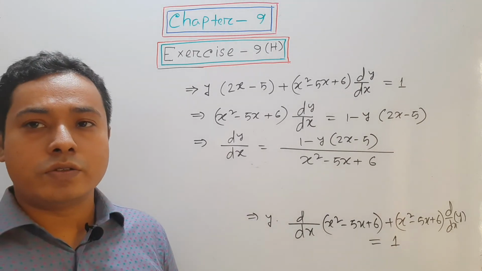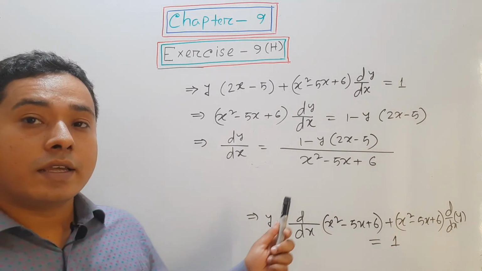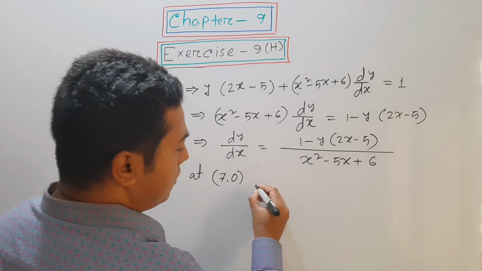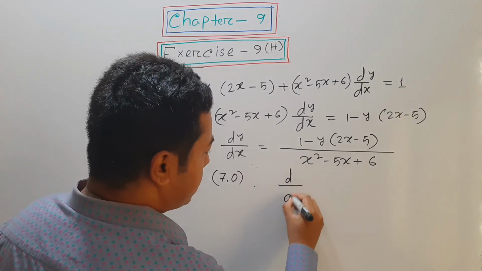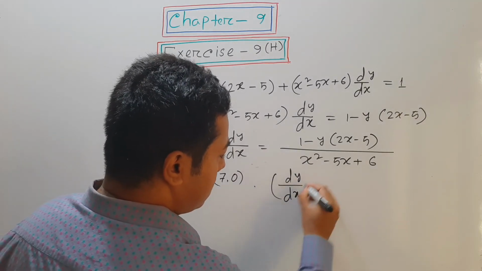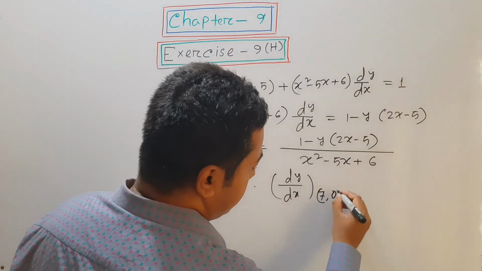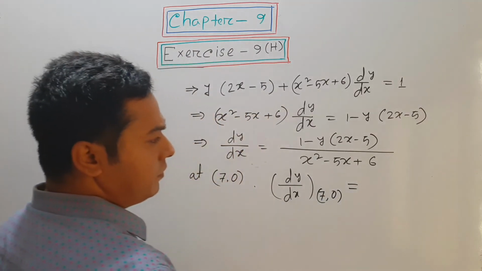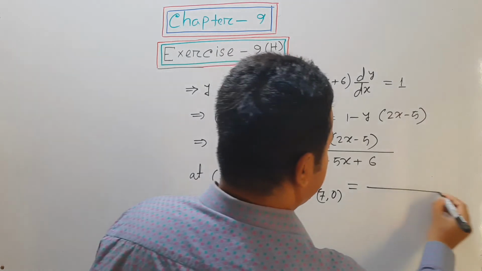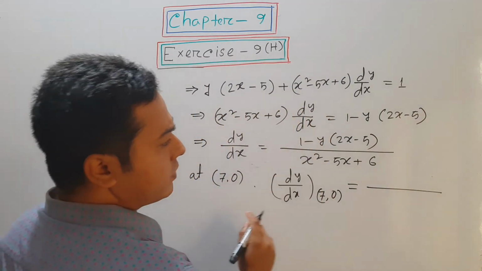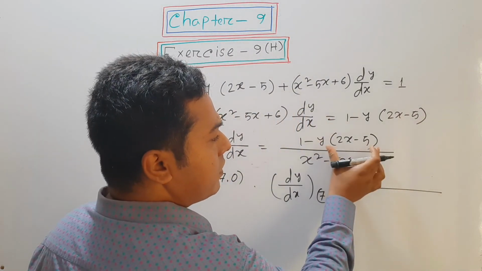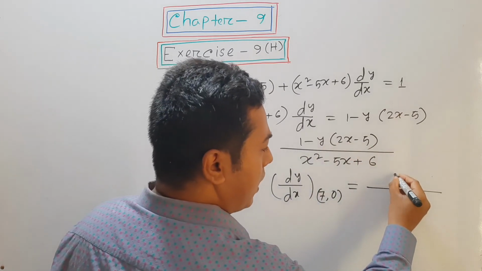Now we want the slope of tangent at 7, 0. Slope ddx of y at 7, 0 is equal to, x is equal to 7, y is equal to 0. So y is equal to 0 and this term is 0, so it will be 1.